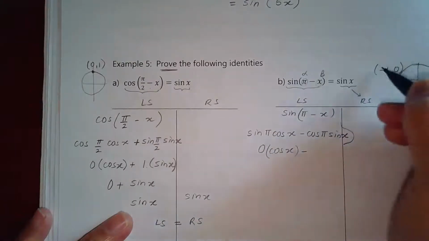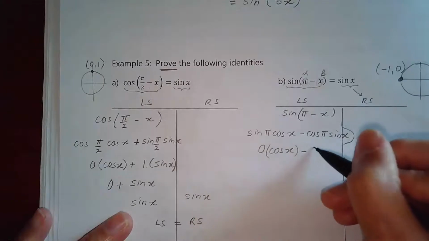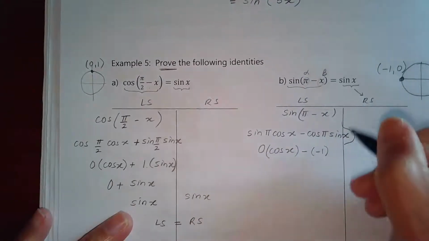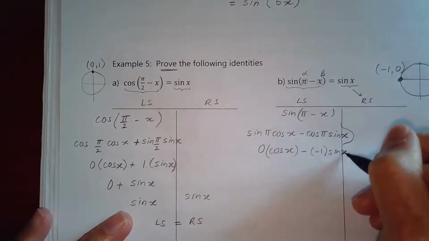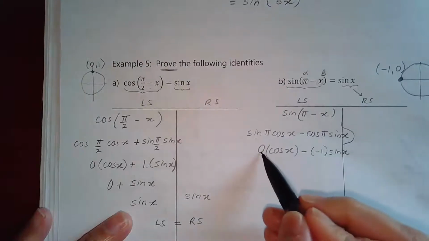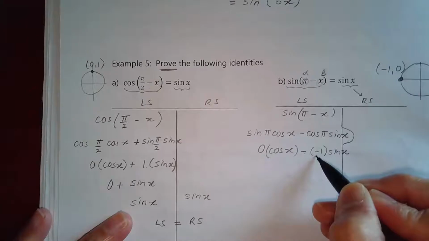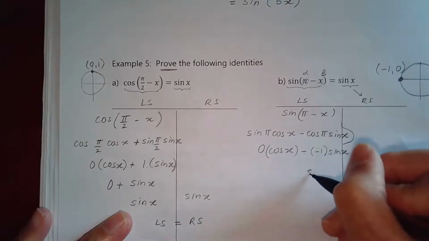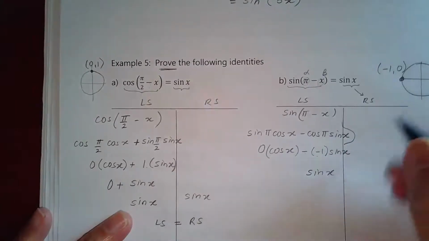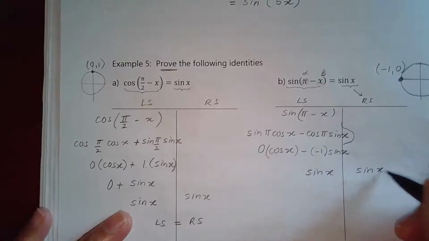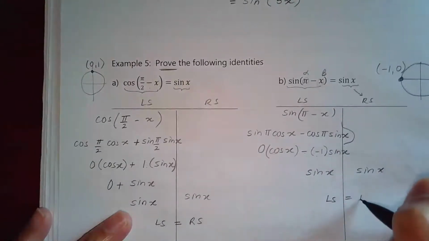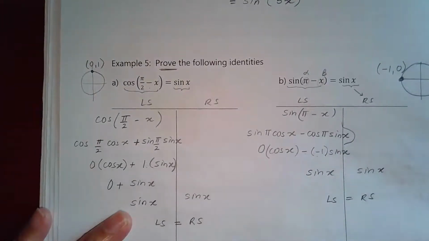Cos of pi is -1, so minus -1 times sine of x. And then this is going to be gone, and negative times negative is positive. Positive sine of x equals sine of x, so the left side is equal to the right side.